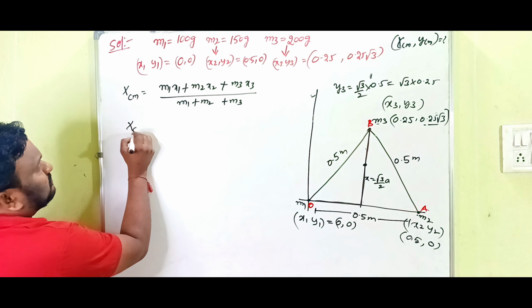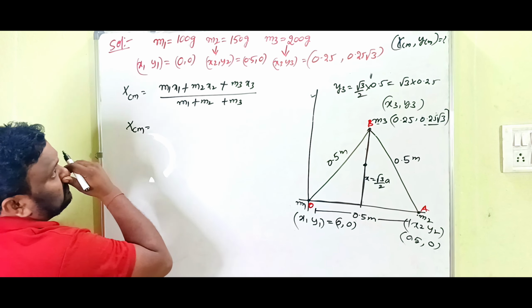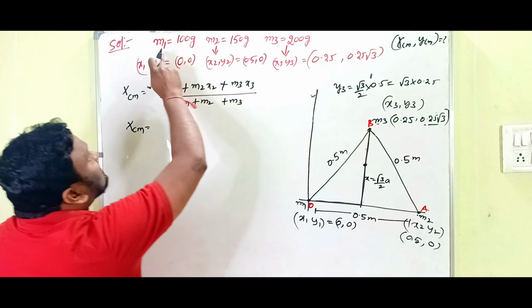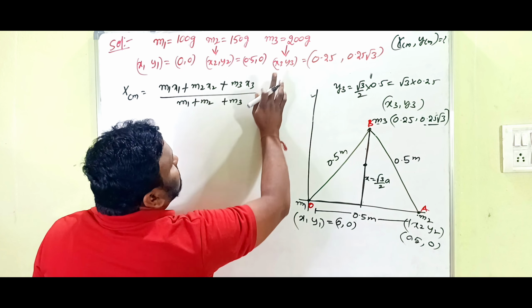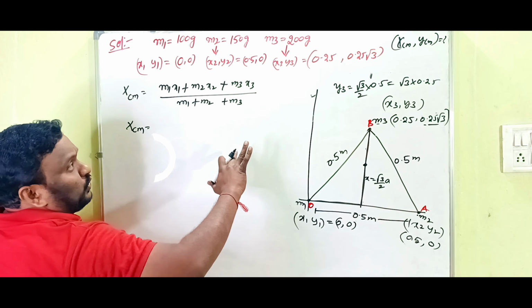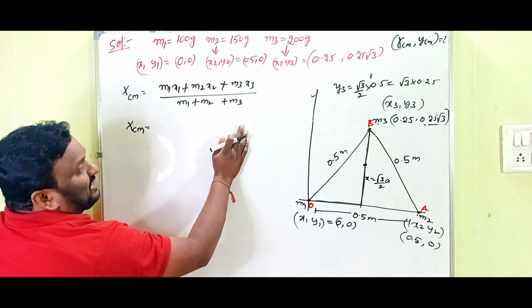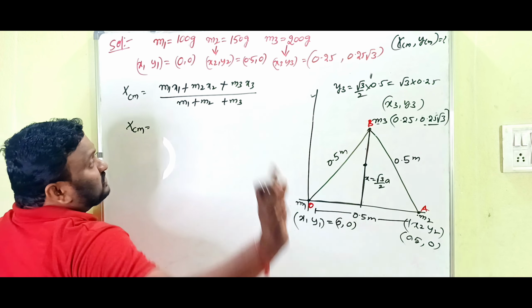So for xcm, substitute the values. Children, here the length is given in meters and the masses are given in grams, CGS. So no need to convert to kgs because it is a ratio. That's why the units are going to cancel. That's why no need of any conversions.